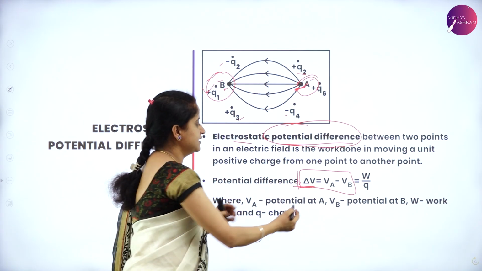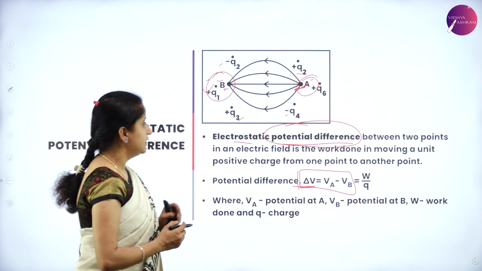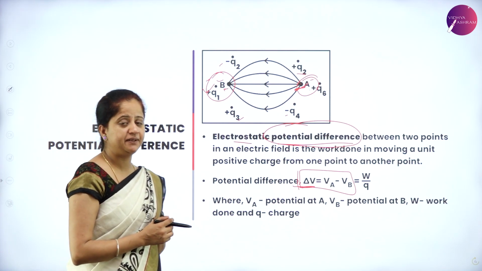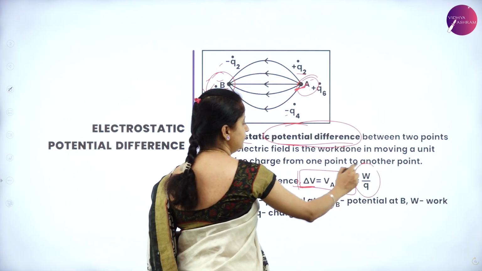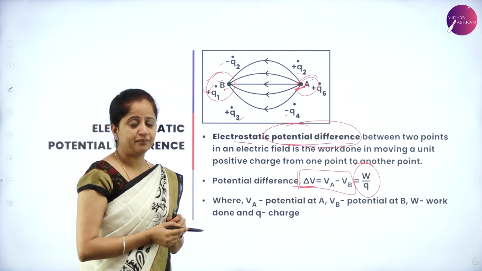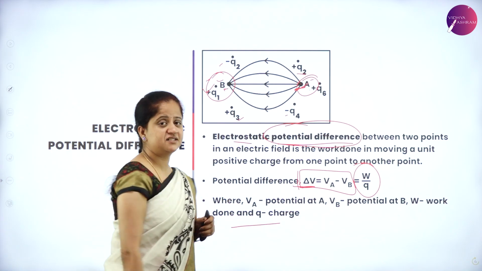And the potential difference, that is delta V, can be calculated as VA minus VB. Here VA is the potential at A and VB is the potential at B. So that is equal to W by Q, which means the amount of work done in bringing a charge from one point to another point. So W is the work done and Q is the charge.